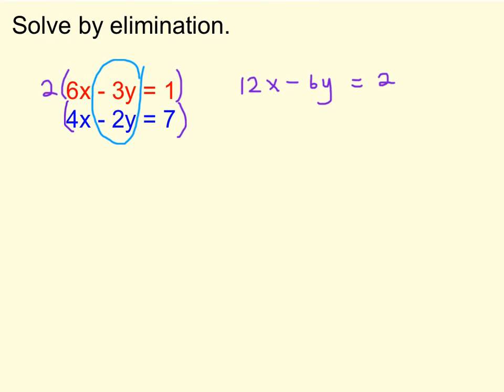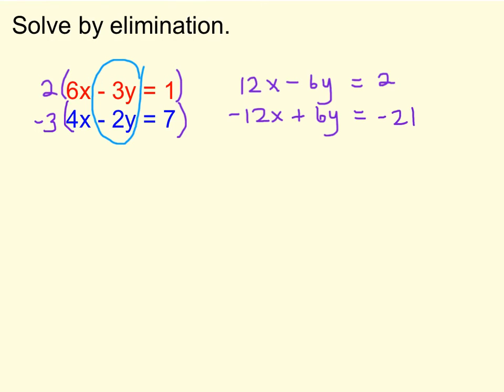So what do I multiply it by to get it to be a positive 6y? A negative 3. So you'll see how this works out. You have negative 3 times 4x is negative 12x. Then you have negative 3 times a negative 2 is positive 6y equals negative 3 times 7 is negative 21.